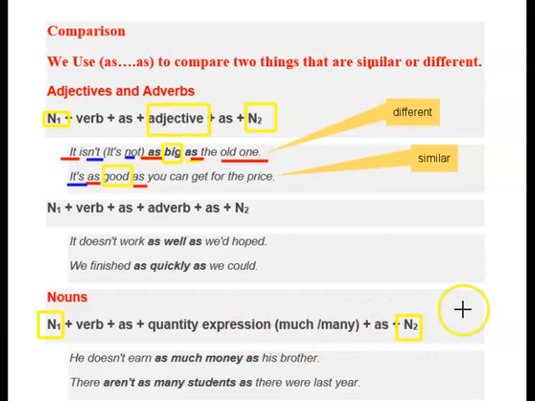And because we are comparing the two nouns, okay, we need to use much or many. Of course here by the way there is something missing. Okay, يعني هون في الشكل بتلاحظوا انه في شيء مختلف. Because here we need to add, okay, noun. Okay, here we need to add a noun here.